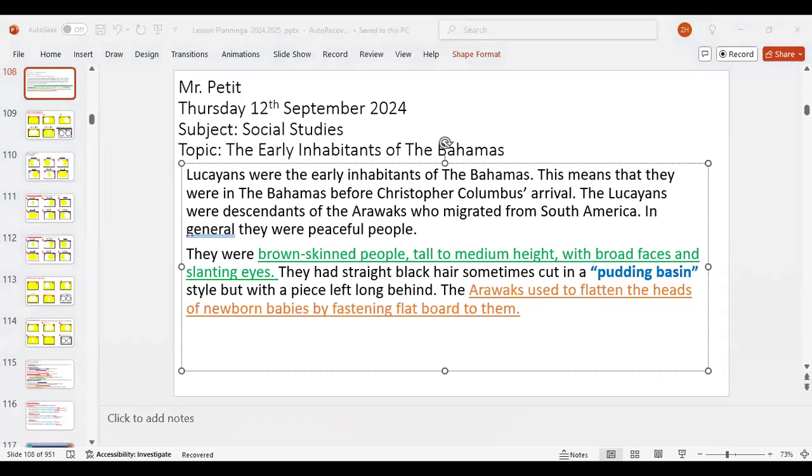Also, Mr. Petit, I would like to add, there are some people where I'm from that still practice this tradition. It's not painful for the child because when babies are born, their bones are not as hard as ours.